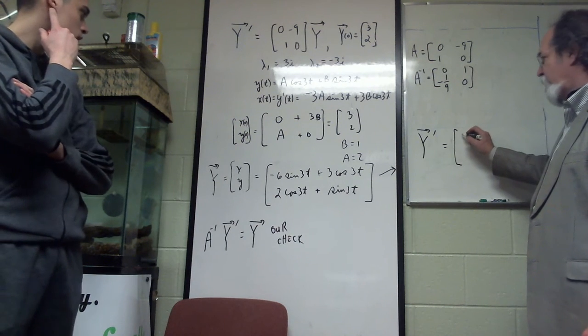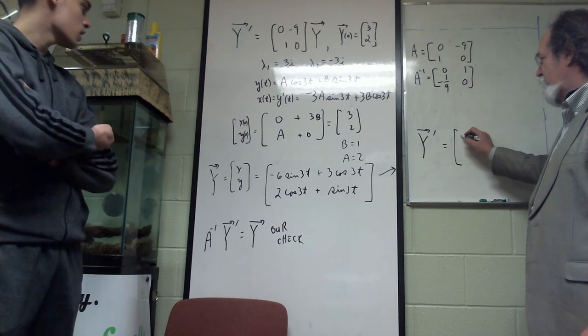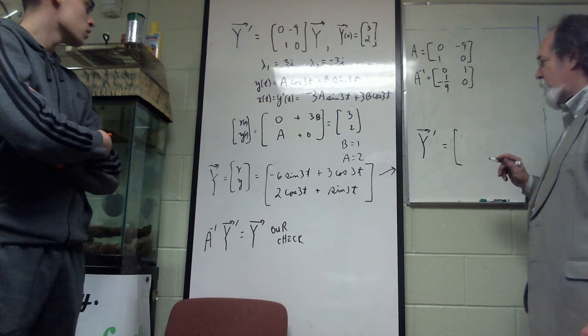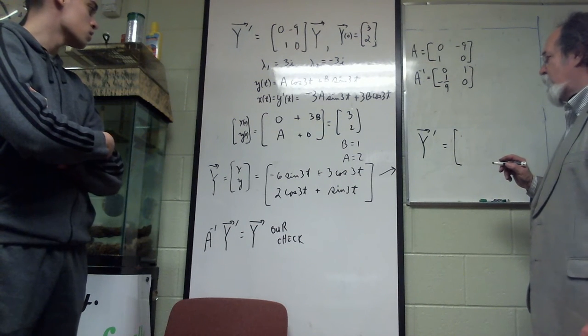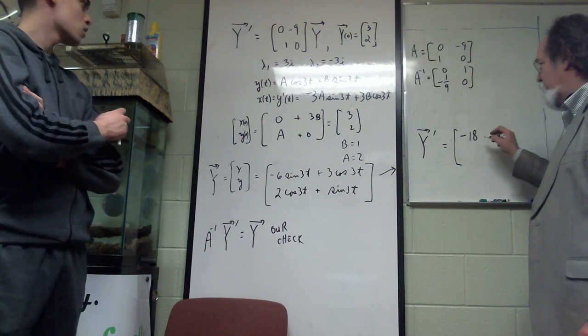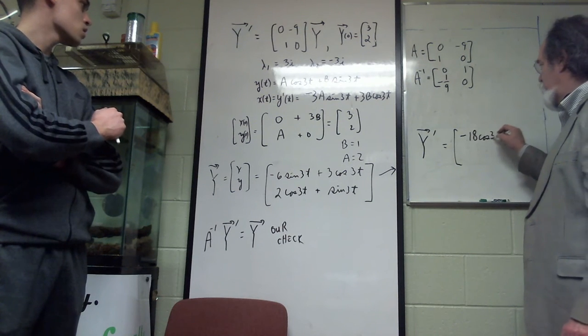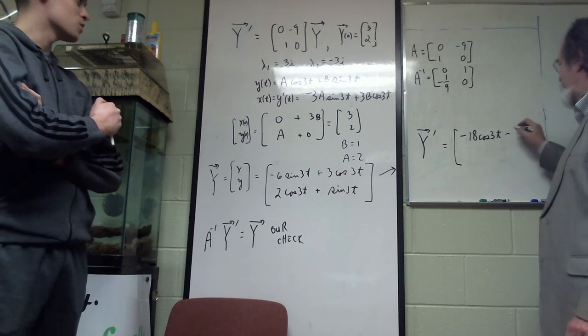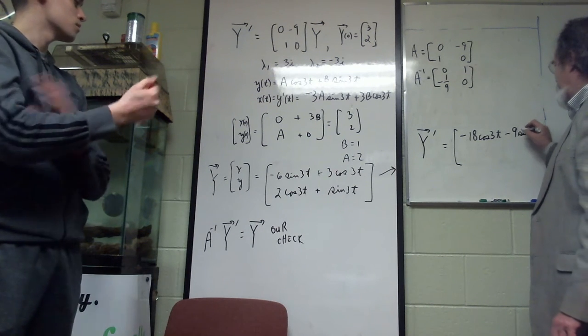We have sine, or because the derivative of sine is a cosine, so it's negative, is it 18? Yep. Cosine of 3t. Good. Minus 9 sine 3t.